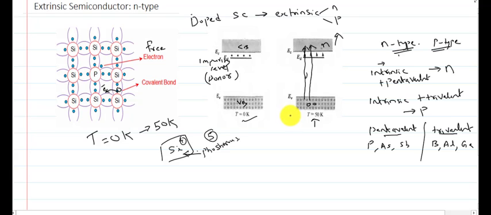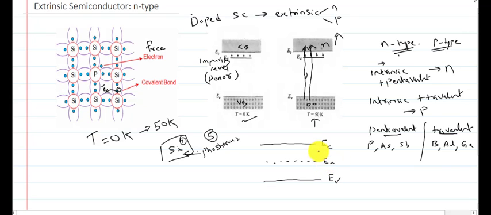An n-type semiconductor is formed by doping with pentavalent impurities. We can generalize the band diagram of the n-type semiconductor as EC, the conduction band edge, and EV, the valence band edge, and EI will always be in the middle.